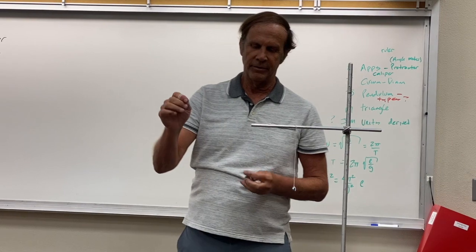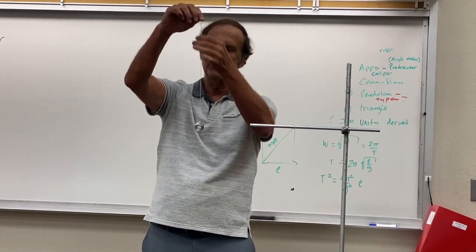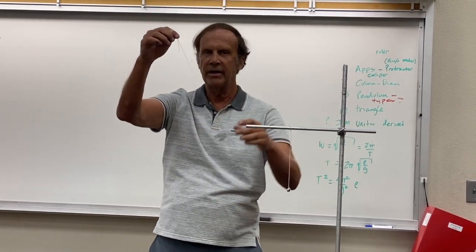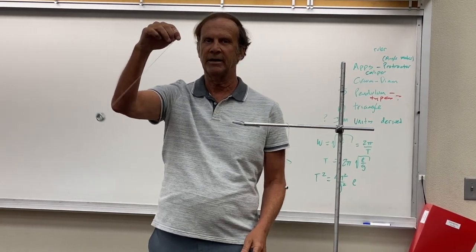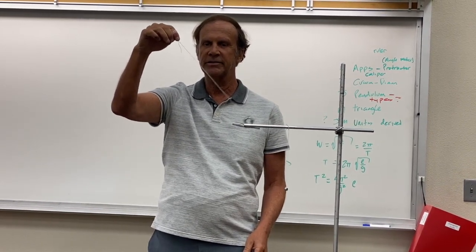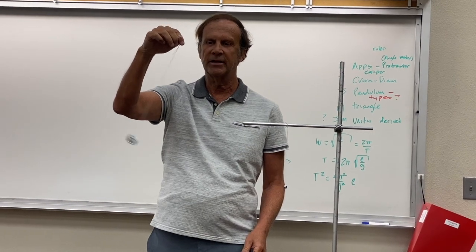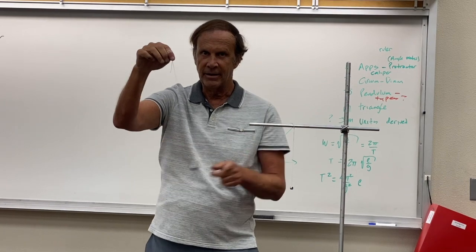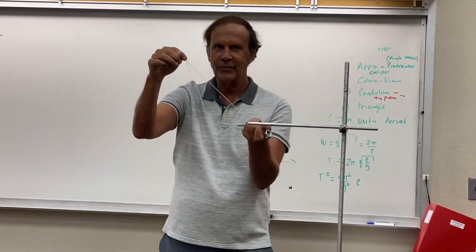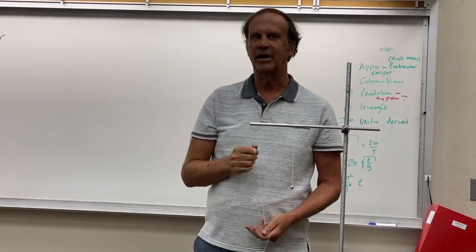And so what we can do here then is to measure the length and then let this thing swing through 10 complete cycles. Okay? And so with 10 complete cycles, 5, 6, 7, that's across and back, 9, 10, and then hit your stopwatch again.